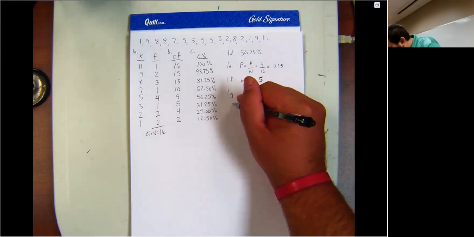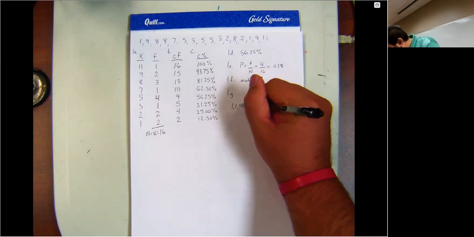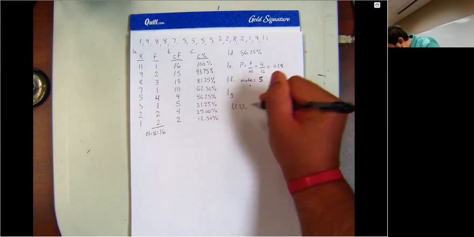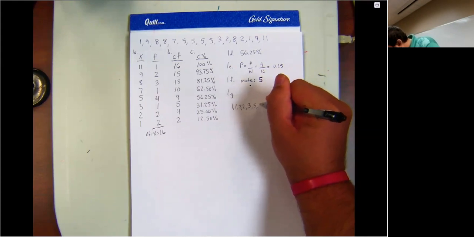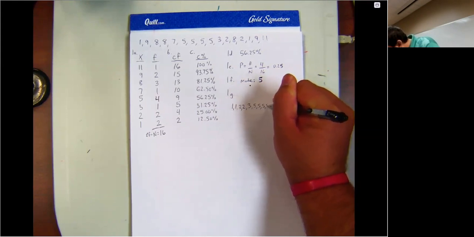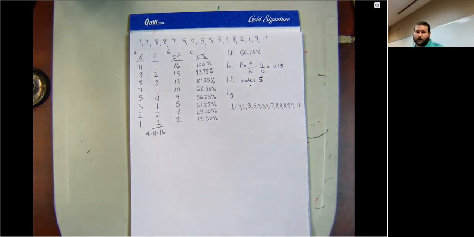We had 2 1s, 2 2s, 1 3, 4 5s, 1 7, 3 8s, 2 9s, and 1 11. So there's our data set in order.